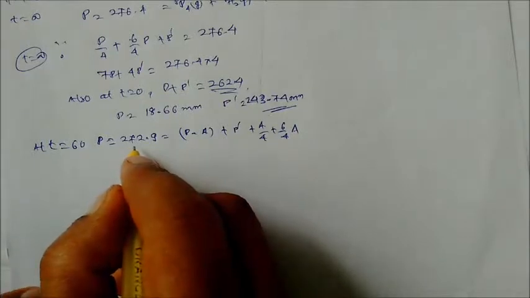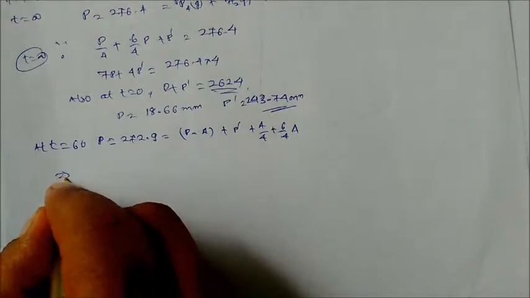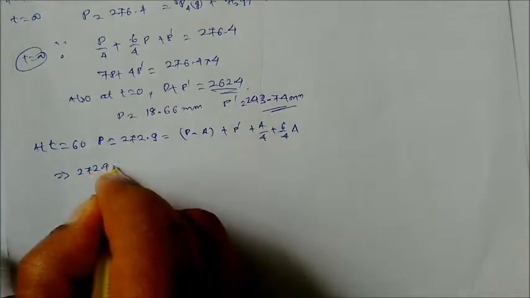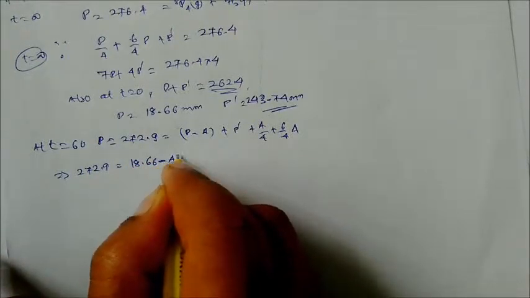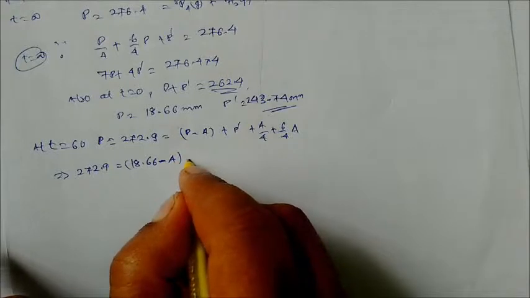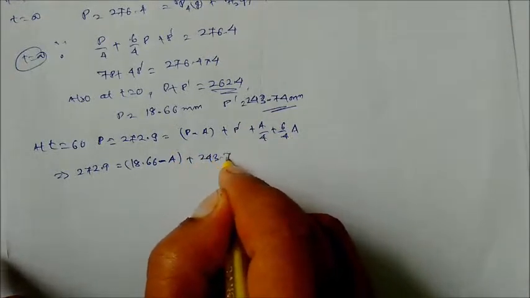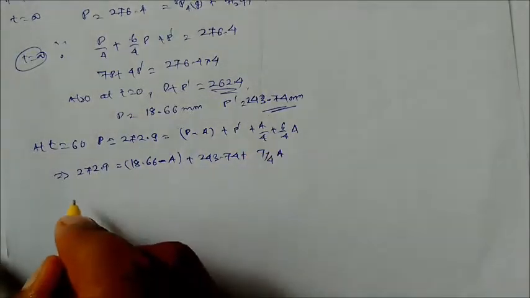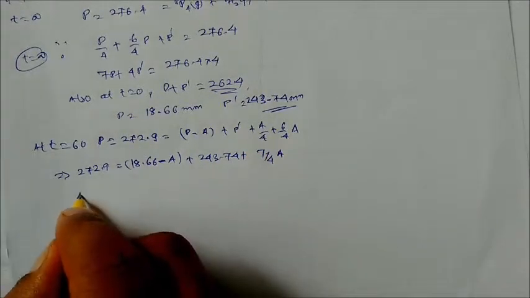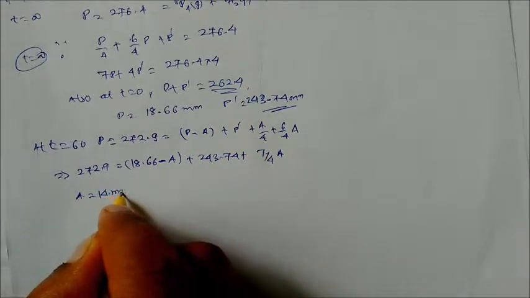Now this is given as 272.9, so we can write 272.9 equal to 18.66 minus A plus 243.74 plus 7 by 4 into A. Now here we will get A equal to 14 millimeter.